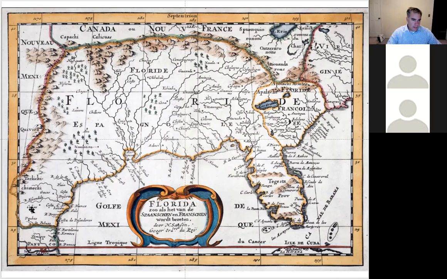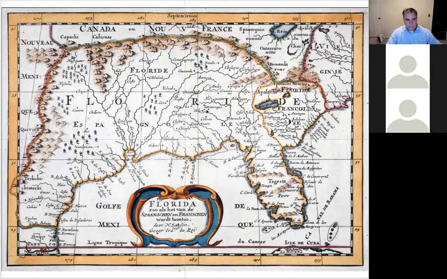So on this map, what is actually Texas shows up as Florida, and as Spanish Florida at that. So it's a little bit off. What would be Louisiana in 1705 is referred to as Florida, okay?